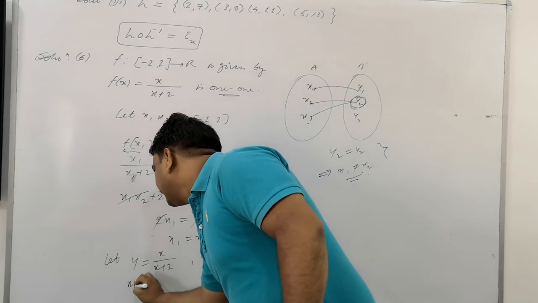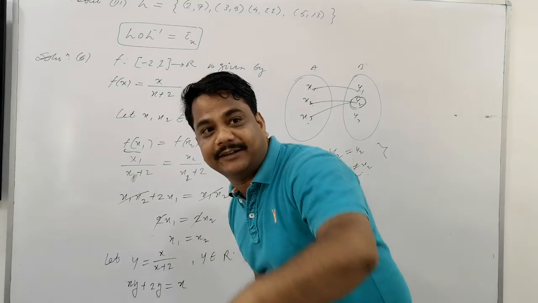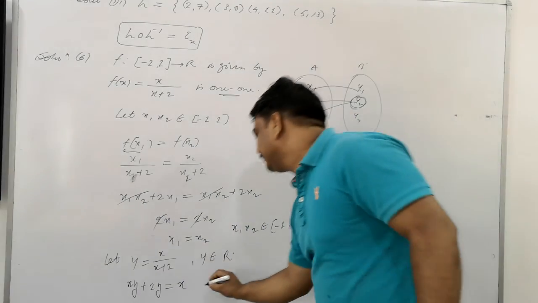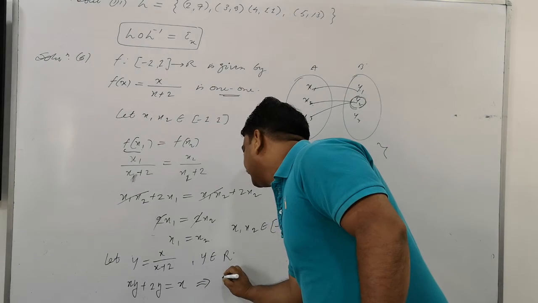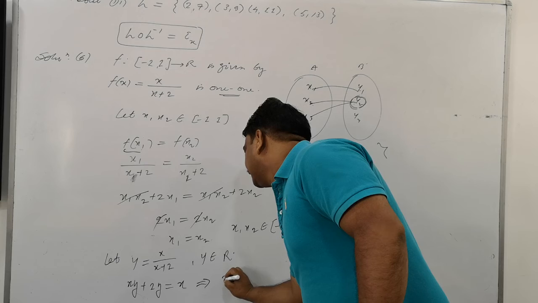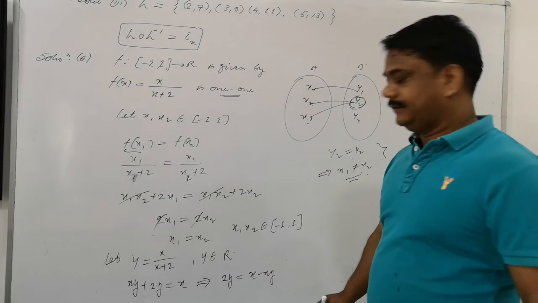Transfer to that. It's xy plus 2y is equal to x. We are finding the inverse function. Proceed with that. We have to find x is equal to. So further this can be written as 2y is equal to x minus xy. Is that clear?